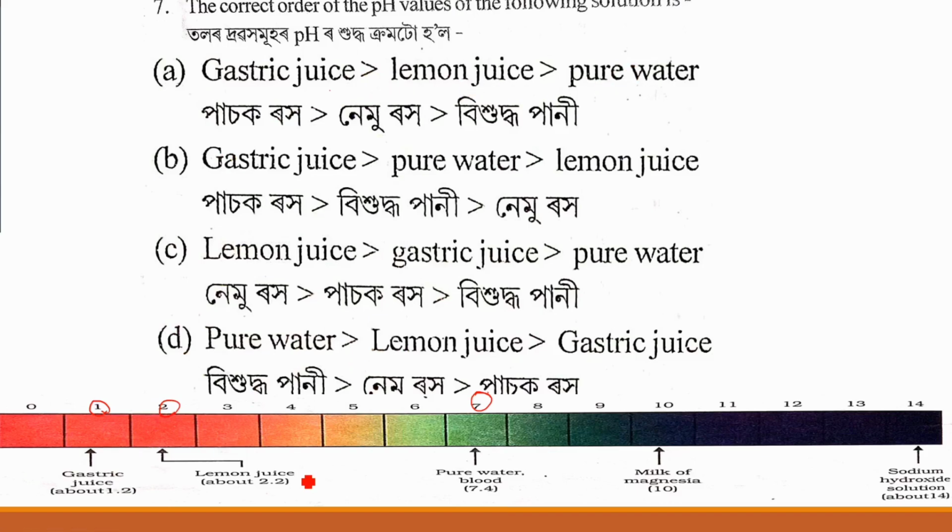So from this pH scale, the correct option is gastric juice greater than lemon juice greater than pure water. Okay, so hope you are understanding. We will proceed to the next question, dear students.